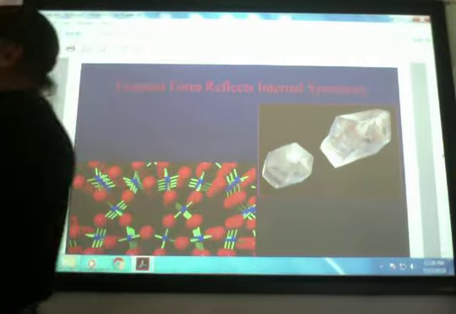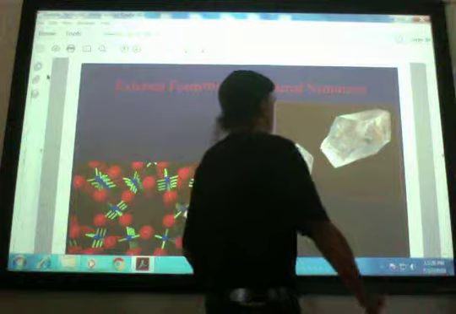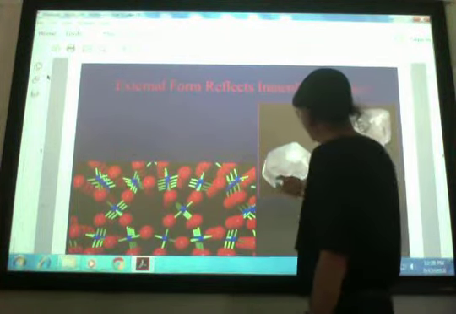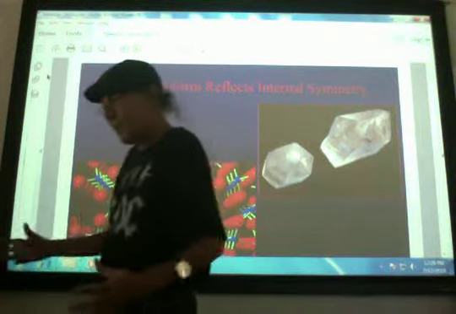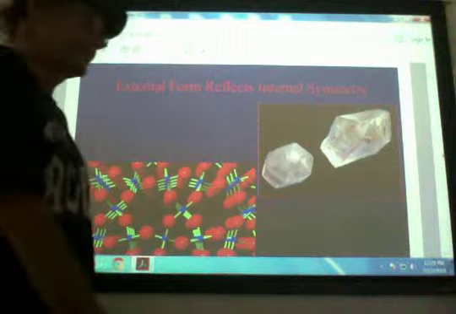This is controlled by the internal symmetry. That is the external form, and it always depends on whether the mineral can grow. If it has space to grow, then you can see the crystallographic symmetry very, very well.